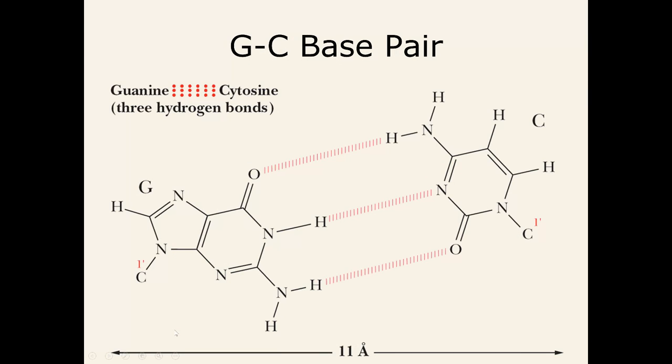The GC base pairings have 3 hydrogen bonding groups, and this does play a role when dealing with the idea that if you want to separate the two DNA strands, if you have DNA that's very rich in GC pairing, it's going to be a little bit more difficult to do because the interaction is stronger because there's 3 groups that are hydrogen bonding.